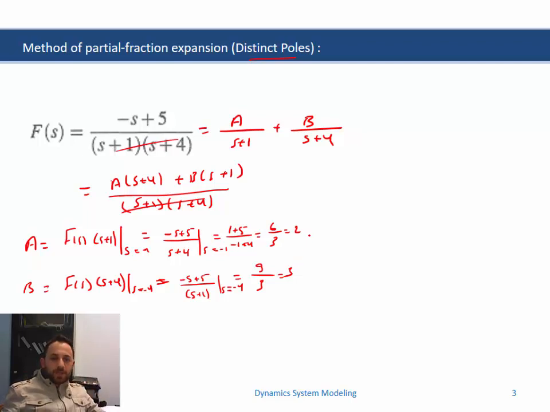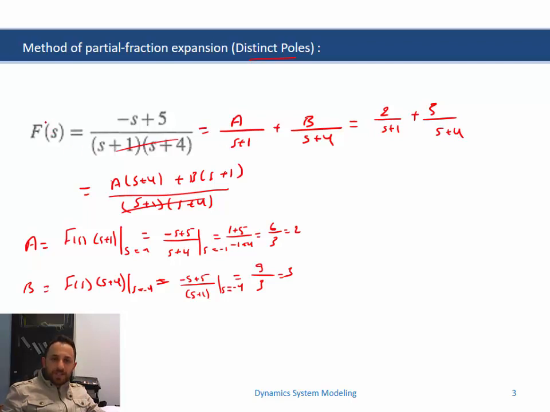Alright, so we determine the coefficients A and B. Now F of s is equal to 2 over s plus 1 plus 3 over s plus 4.